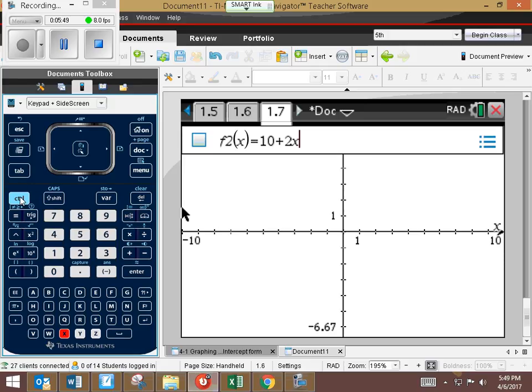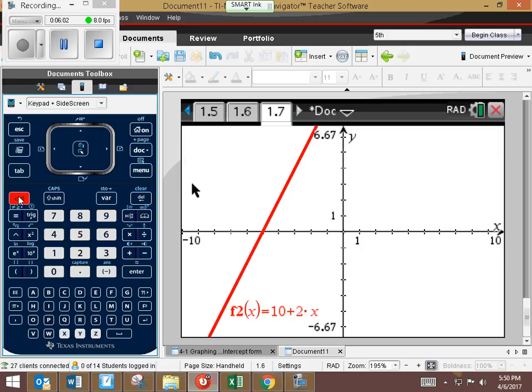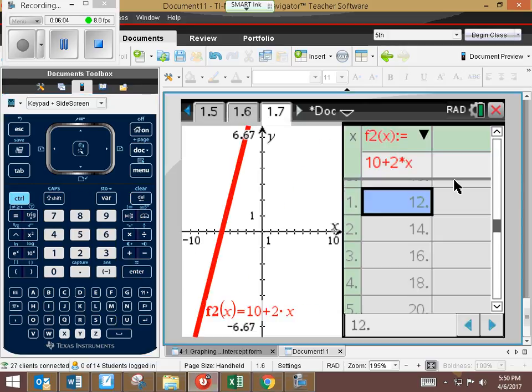Let me make sure I hit enter. Then I press control T. The x is the number of rentals, so the cost of 6 rentals should be $22, looking at my graph there.